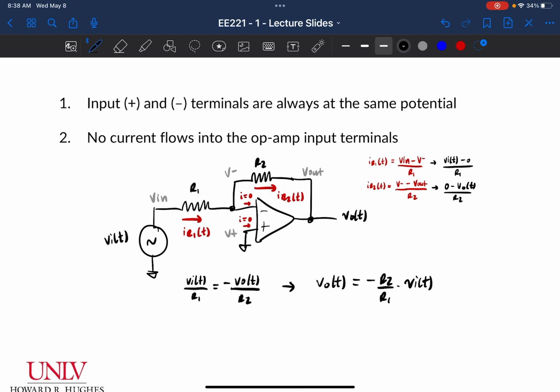Or if I wanted to rearrange this for V out over V in, my transfer function, which we haven't probably talked much about yet, I could write V out over V in is equal to minus R2 over R1, which we saw in DC circuits. This is just the AC equivalent of that same exact principle: for an inverting amplifier, this is the voltage ratio, or the output over the input, for this particular type of op-amp circuit.